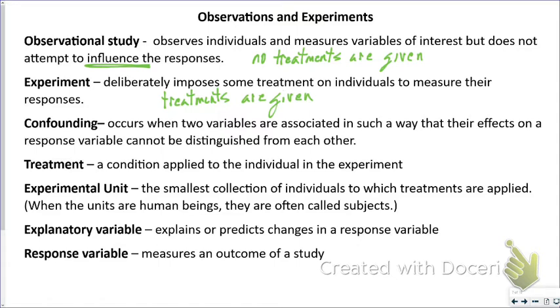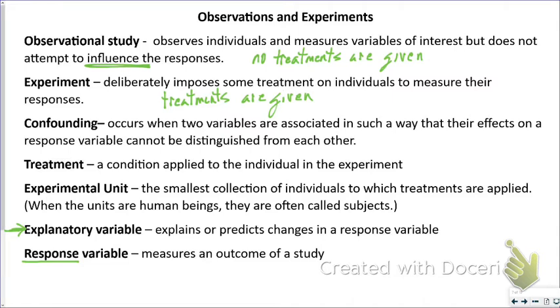Confounding is tricky because we design an experiment and we think there's this explanatory variable right here that has an effect on something. I almost said cause, but that's tricky also. We think that explanatory variable has an effect on something and we have a response.